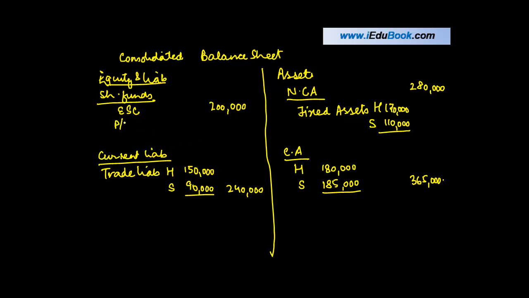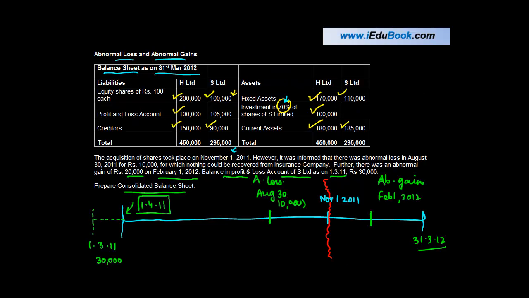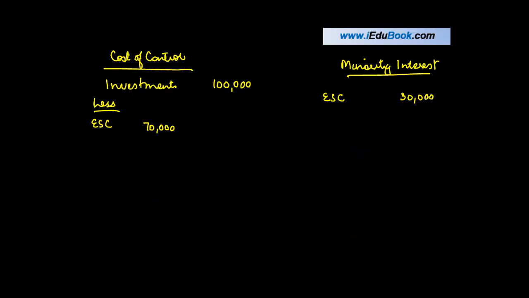So let's keep the profit and loss account 1 lakh. 1,05,000 is the profit and loss account balance of S Limited. This is going to go to my analysis of profit. So the total balance that I have is 105,000 profit and loss account balance.